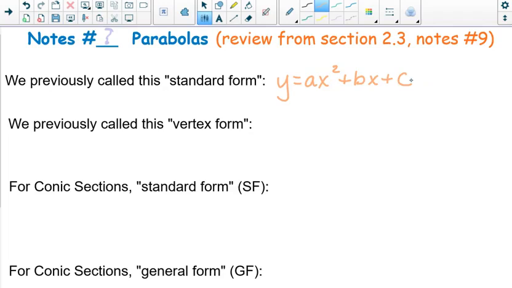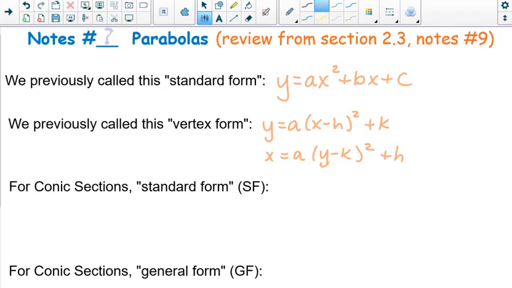And what we called vertex form looked like this: y equals a times x minus h quantity squared plus k, where the vertex was (h, k). Now, don't forget, we also learned about parabolas that open right and left, and in that case, we had the equation x equals a times y minus k squared plus h.